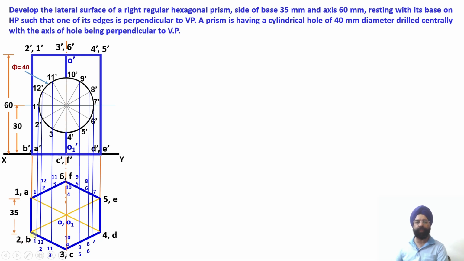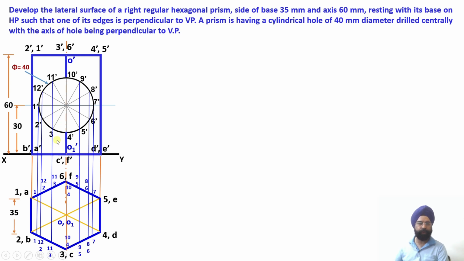Now one thing we can observe, this surface is uncut. This surface has been cut by this portion, the semicircular portion of this hole, whereas this surface has been cut by this semicircular portion of this hole. So this semicircular portion will be contained by this surface.